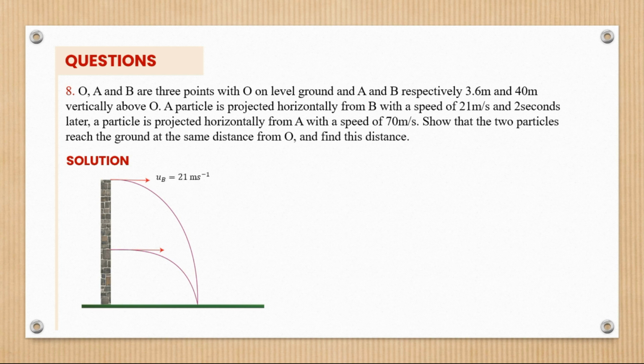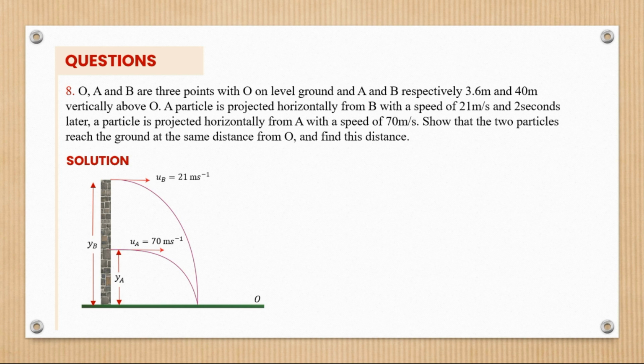So now we can see that the initial velocity of B is UB, which is 21 meters per second, and the height of particle B shall be represented by YB. Then the initial velocity of A shall be UA, which is 70 meters per second, and then its height above the ground is YA.